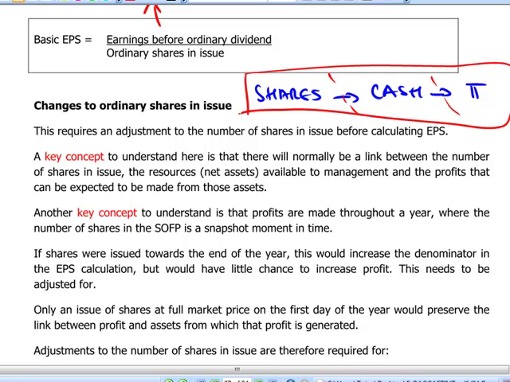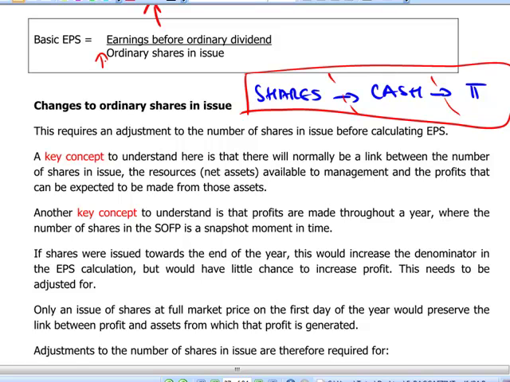In the case of a bonus issue, I don't cash anything, as the name says. I give them some shares, meaning I'm just increasing the ordinary number of shares in issue by the bonus issue. There is no direct relationship with the earnings or with the profit.